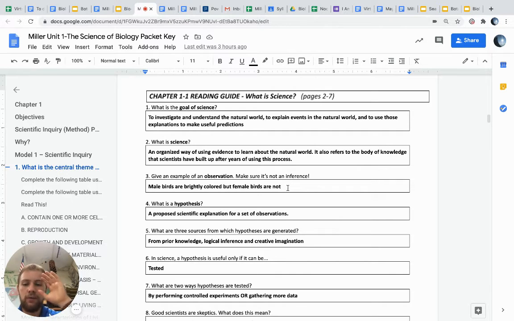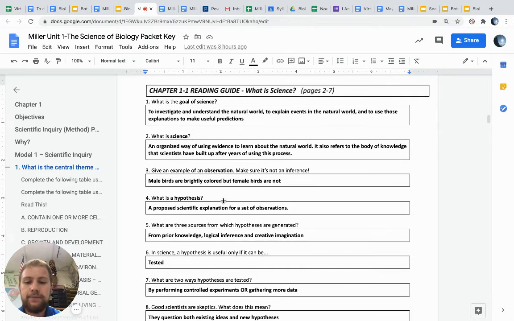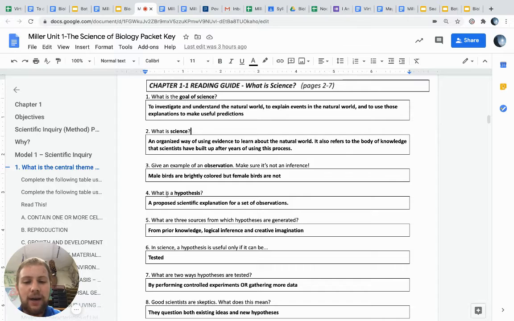It's just sheerly, what are you seeing? And a hypothesis is then a proposed scientific explanation for those observations. So what I just said, male birds being brightly colored to attract mates, that could be a hypothesis. I could word a hypothesis as so: if male birds are brightly colored, then it must be to attract mates.